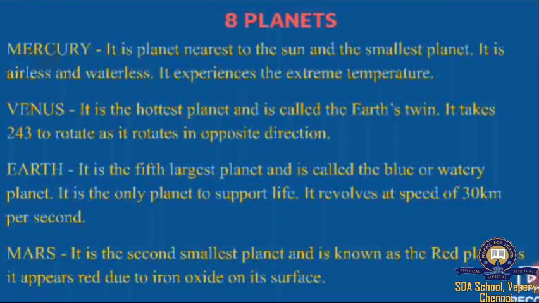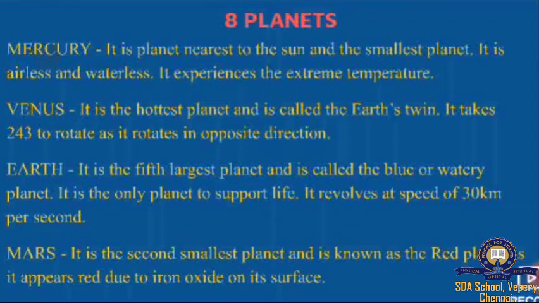It revolves at the speed of 30 km per second. Next is Mars. It is the second smallest planet after Mercury and is known as the red planet. It appears red due to the iron oxide on its surface.